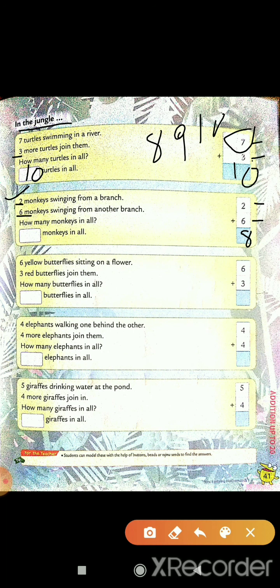Let us check which is the bigger number in 2 and 6. 6. So you need to circle 6. And then how many times you have to count forward? 2 times. So what comes after 6? 7 and then 8. So what is the answer? 8. So both the answers are same.